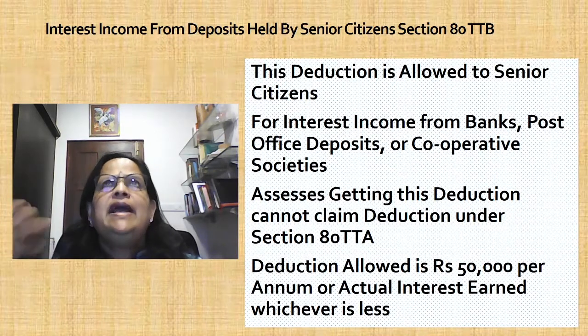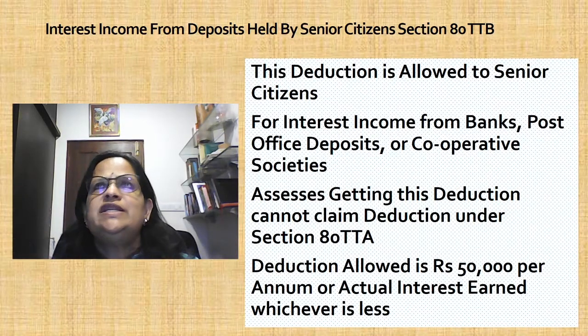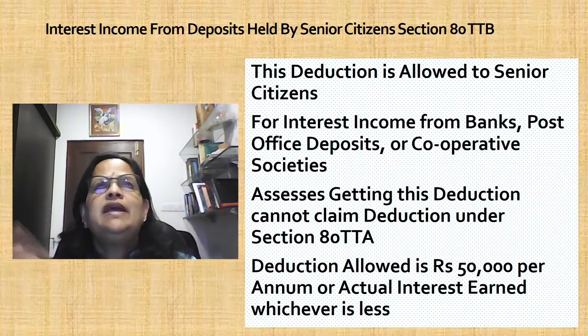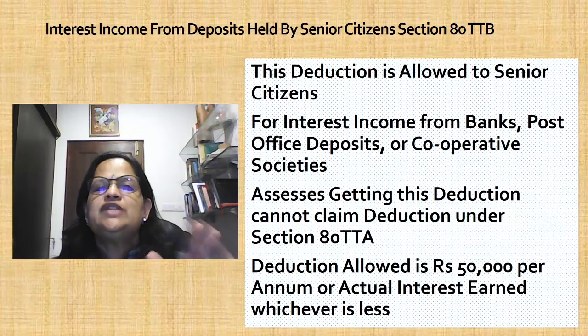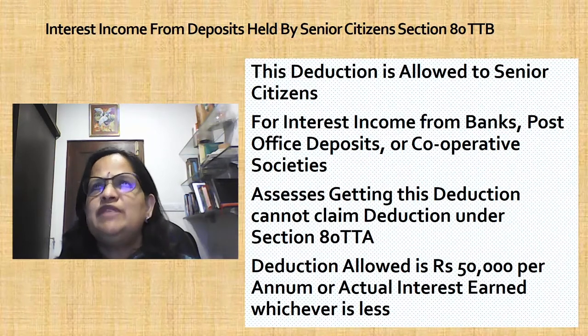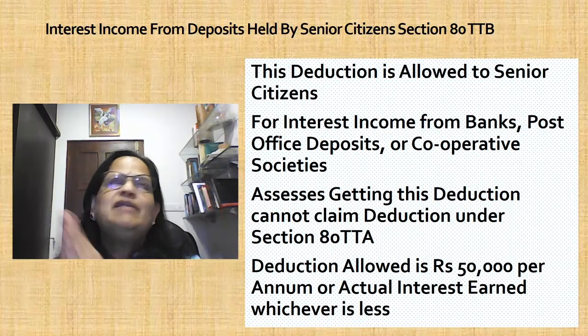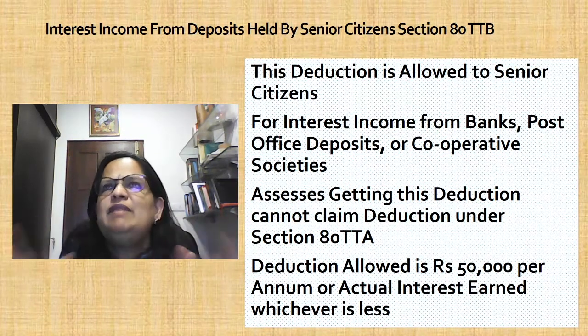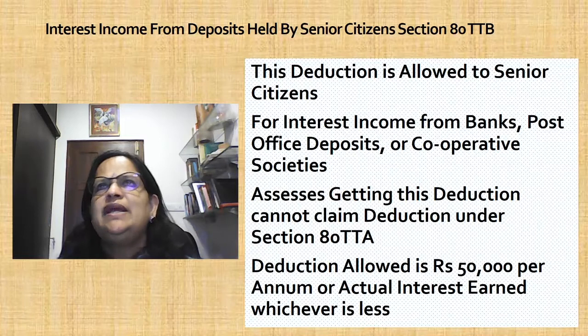A higher rate of deduction is needed for senior citizens because most of their interest income comes from bank savings only. Recurring deposits also they will not go for. Whatever they have, they will invest in fixed deposits, collect the interest and meet their expenses.